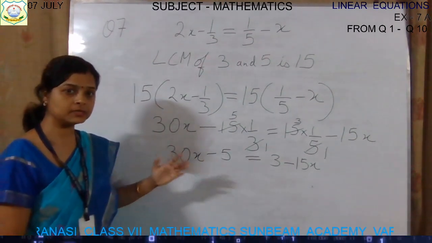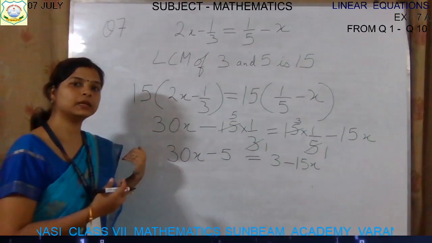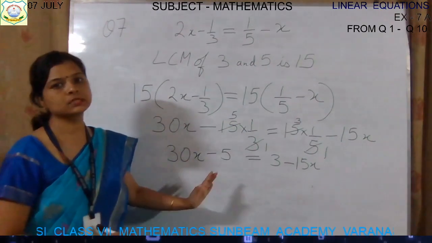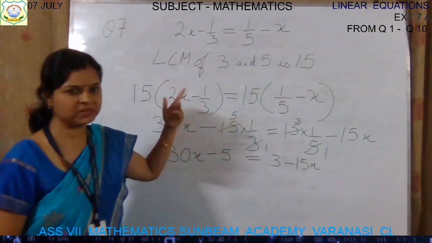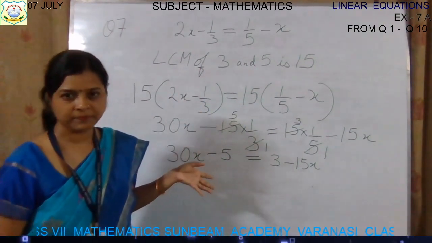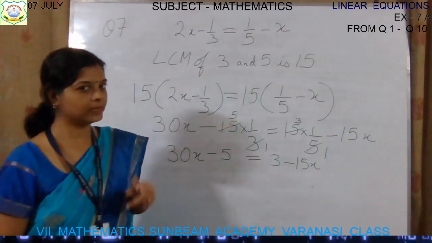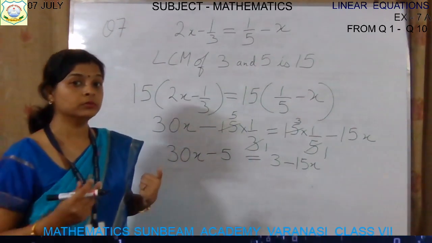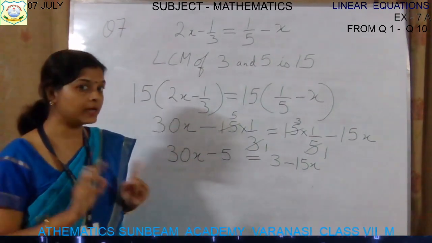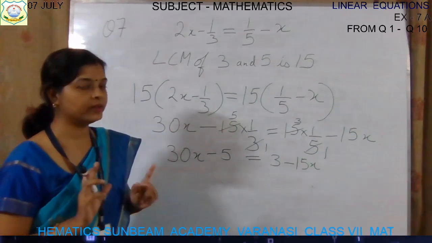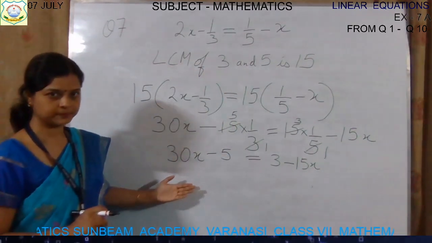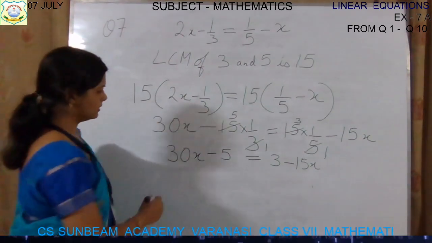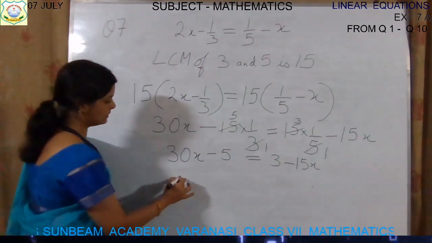Our next step is separating the variable term on one side and the constant term on the other side. First we removed the denominator. It was very complex earlier. No, it's not complex, but children used to assume it. That's why never assume that this is a complex one. It is very easy, isn't it?